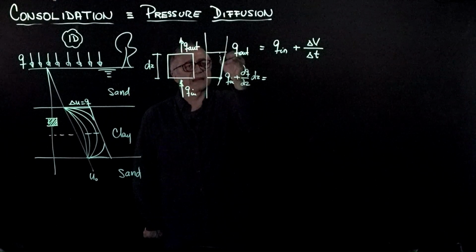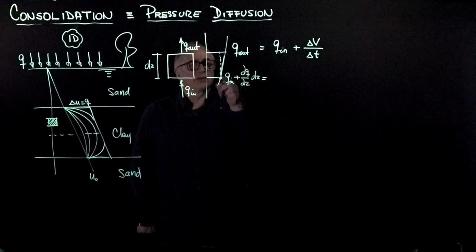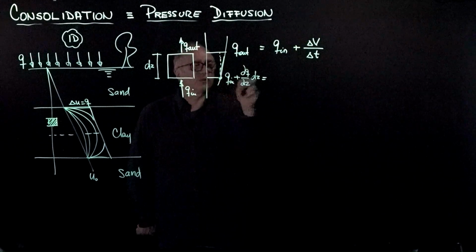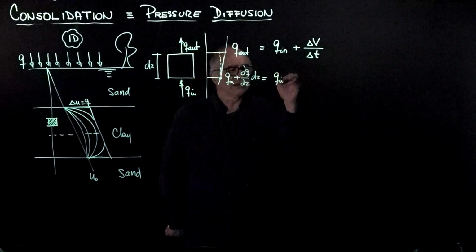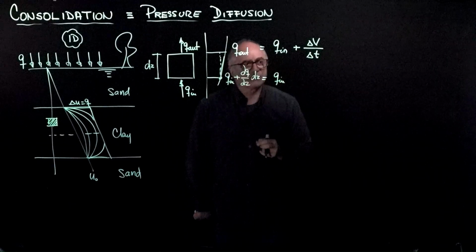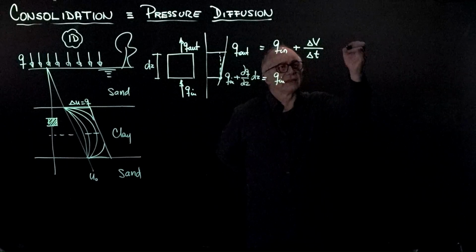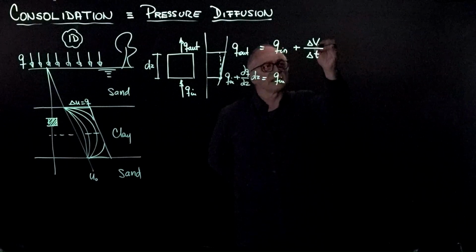We are adding this quantity. dQ/dZ is the slope times dZ. We're adding that quantity over Q in times Q in. And now, because we're working with differentials, we're going to convert this one also into a differential. And so this is the change in the total volume.